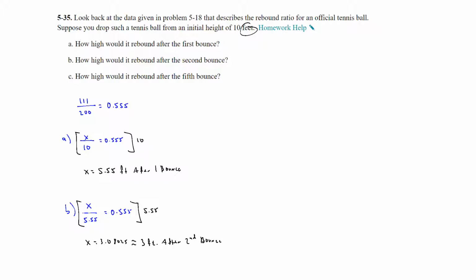And then we will do a couple more times, and then we have the fifth bounce that we're looking at. And so instead of just keep going here and having to figure out the third, then the fourth, then the fifth, we're going to use what we learned earlier, and if the rebound height is the fifth bounce, we're now going to take the initial height, which was 10, and multiply that by 0.555, which is that rebound ratio raised to the fifth power, since we're looking for the fifth bounce.